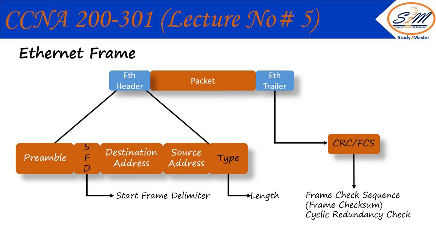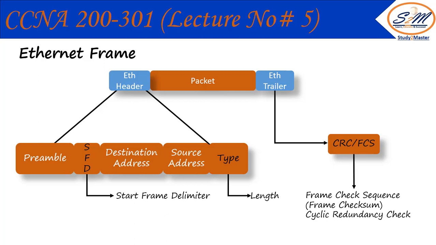In some books, the authors write that the preamble is 8 bytes because they have already combined the SFD with it. What does SFD mean? Start of frame delimiter. The third field is the destination address. It is a 6-byte address, a MAC address, followed by the source address and the type or length.